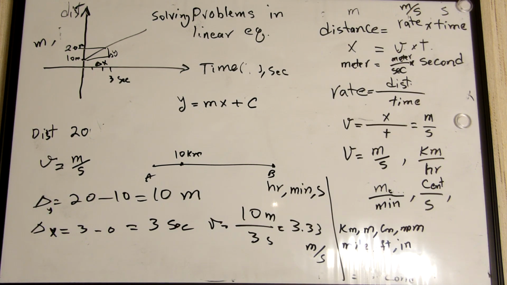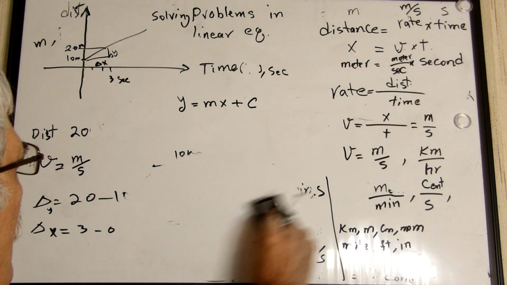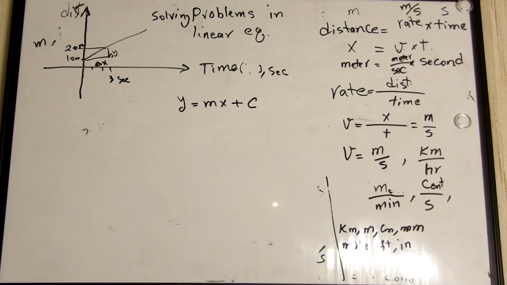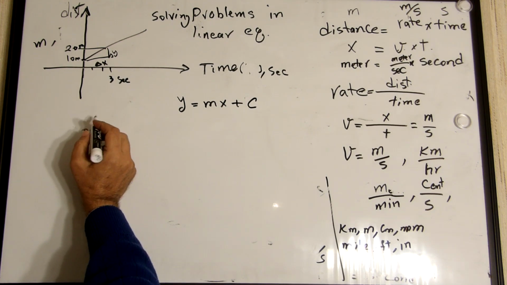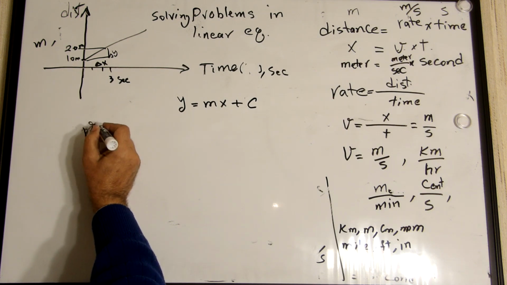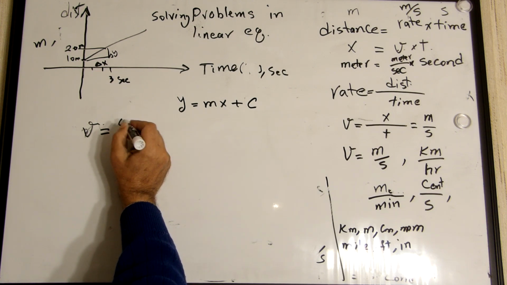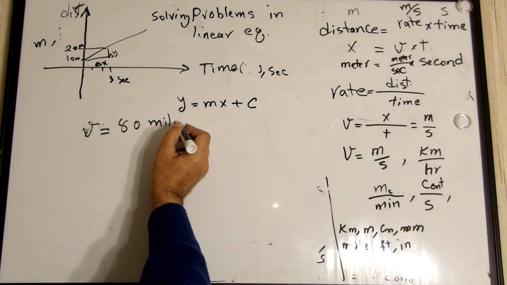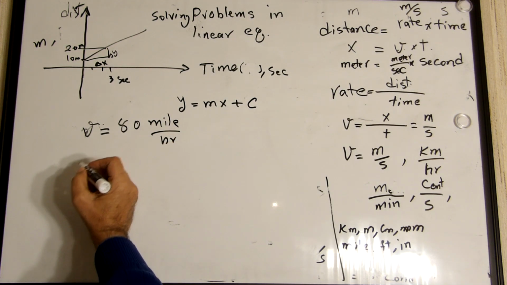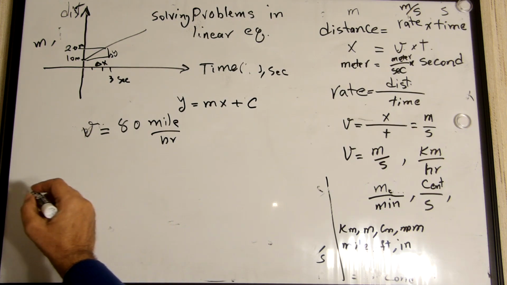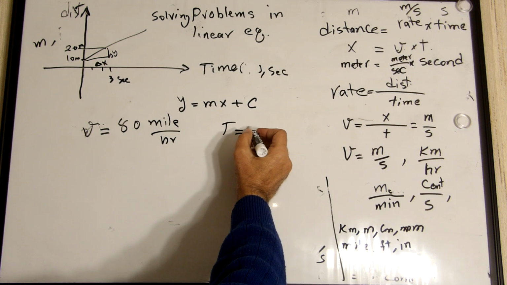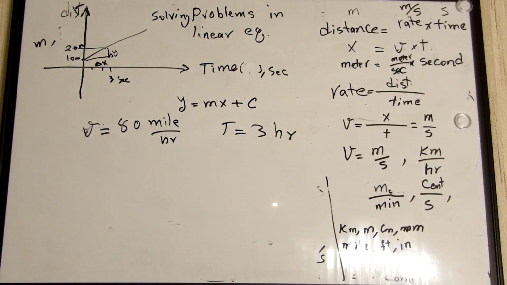I'll give you a practical example. If the rate, or the velocity here, is 80 miles per hour, and it takes about 3 hours, you want to find the distance.